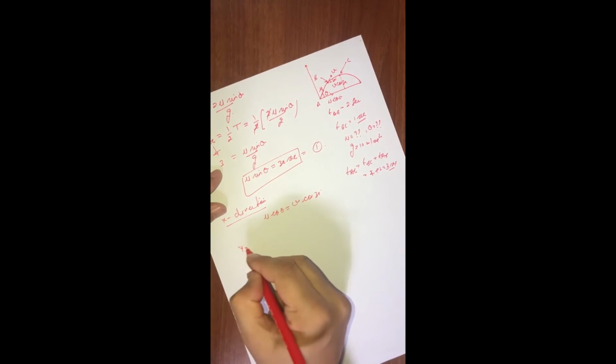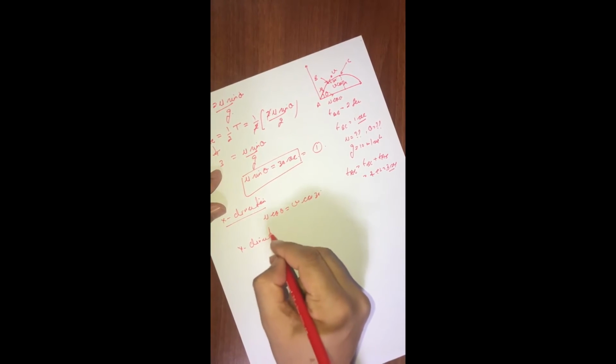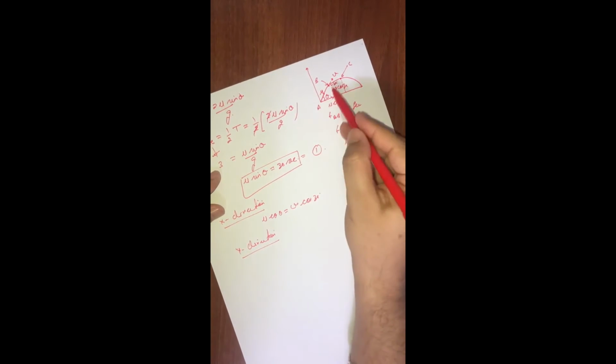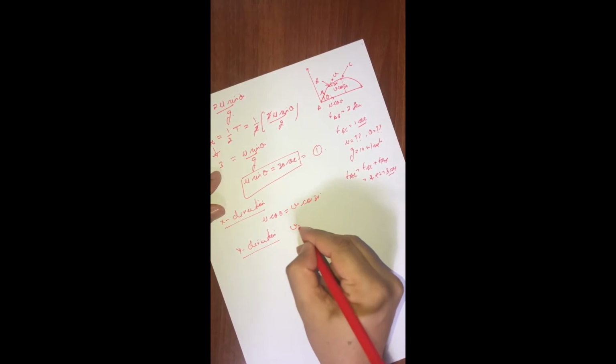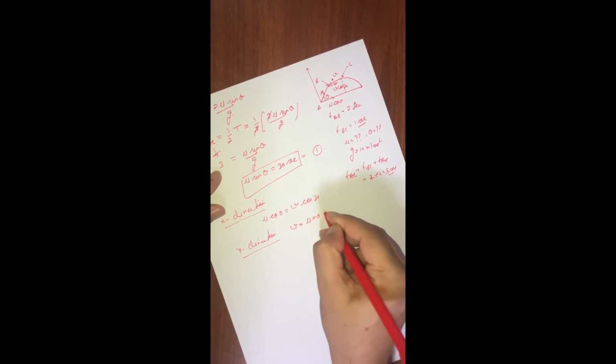And in the y direction, between points A and B, we can use the formula v is equal to u plus at.